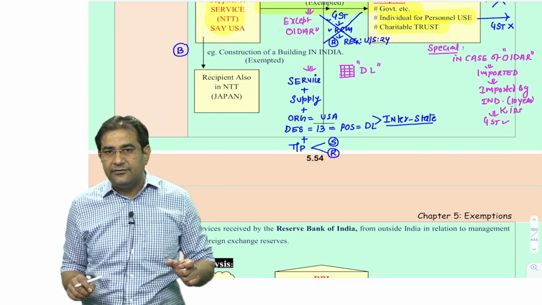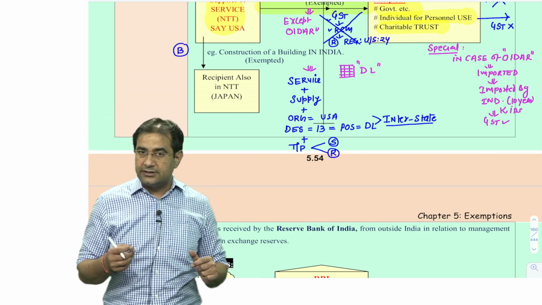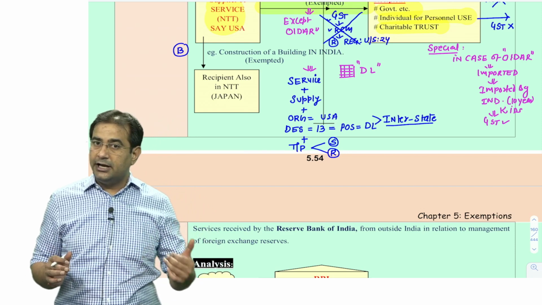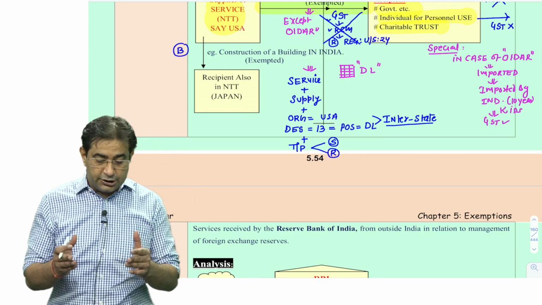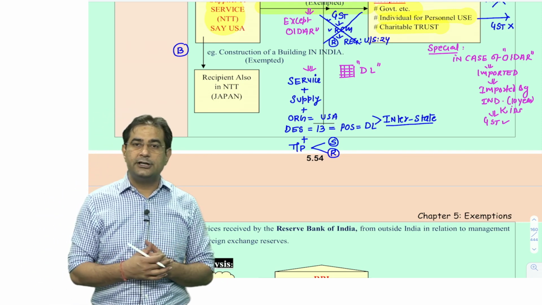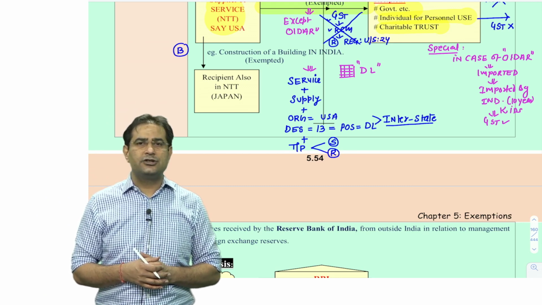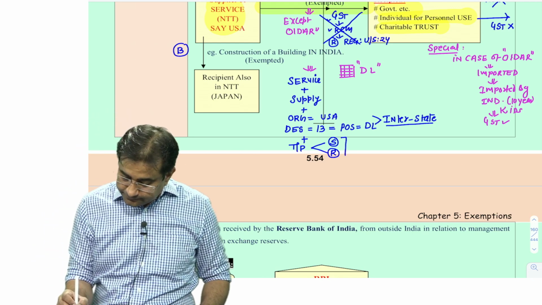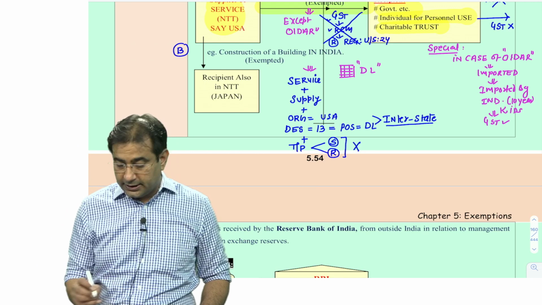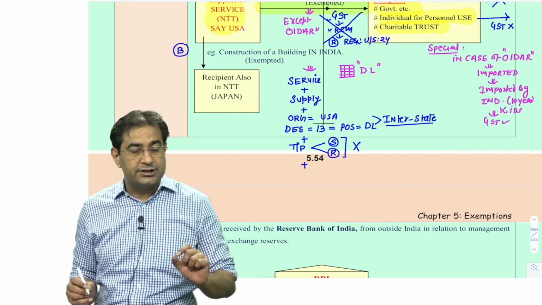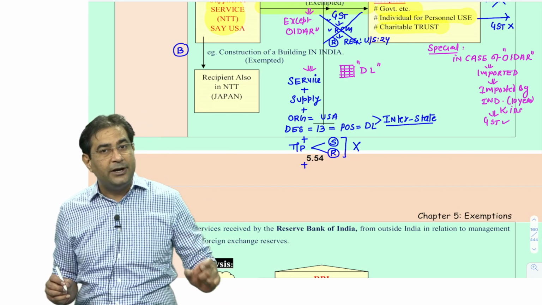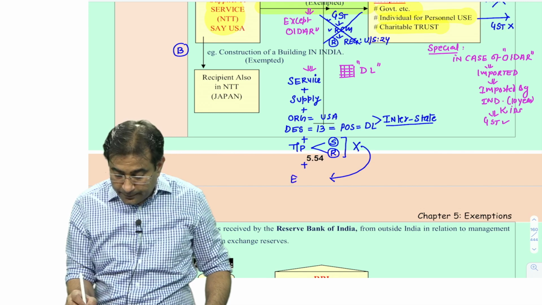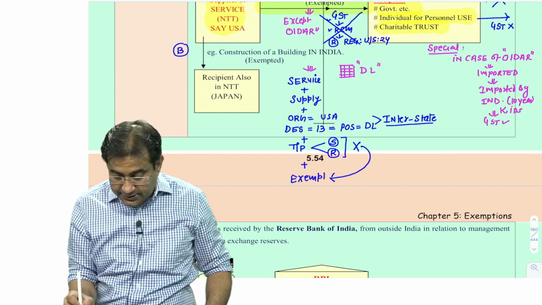And the basic fundamental rule of application of the reverse charge mechanism is that the recipient must be located in India or in taxable territory. But in this particular situation, since both the parties are located outside India, the government is not able to collect GST from any of them. That's why, since the government is not able to collect GST, the government made it an exempted supply, my dear.